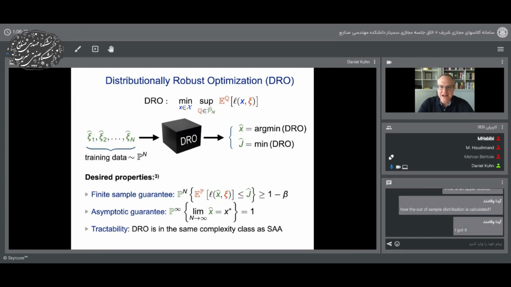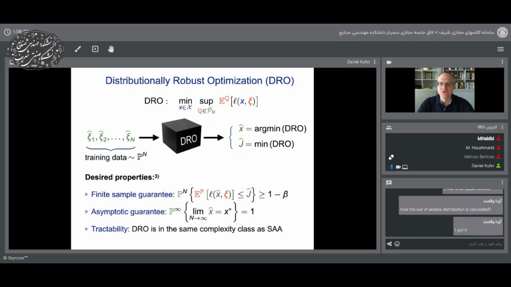My X hat is now the optimal solution of this problem, and clearly this is a data-driven decision because my ambiguity set, and therefore the whole problem I try to solve, depends on the training samples, and therefore the optimal decision also depends on the training samples. As the certificate J hat, I define the minimum of my distributionally robust optimization problem. Of course, this is also a function of the training data. So that's my proposal.